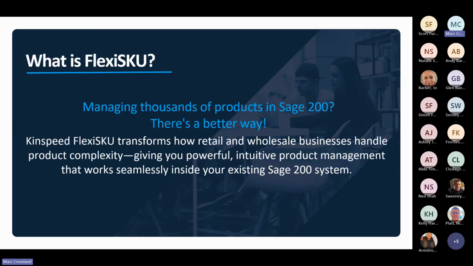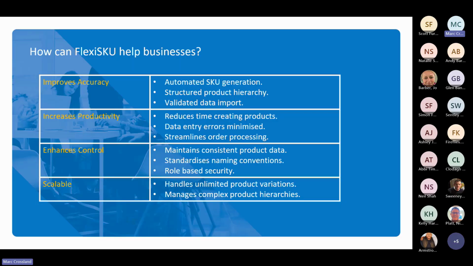So, as I just suggested, what is FlexiSKU? It allows you to manage thousands of products in Sage 200. It transforms how retail and wholesale businesses handle product complexity. It's a powerful and intuitive product management system that integrates fully and works seamlessly inside your existing Sage 200 system. We can help by automating SKU generation, so one-click SKU generation. It has a product hierarchy.